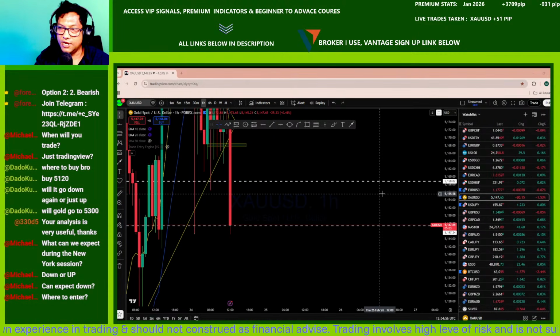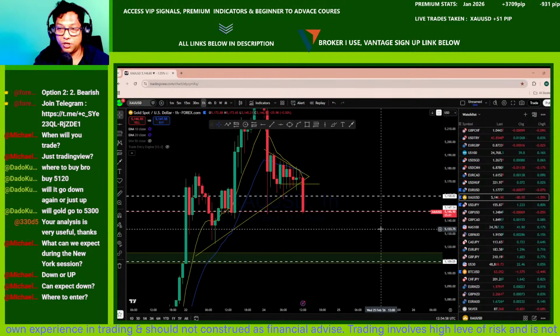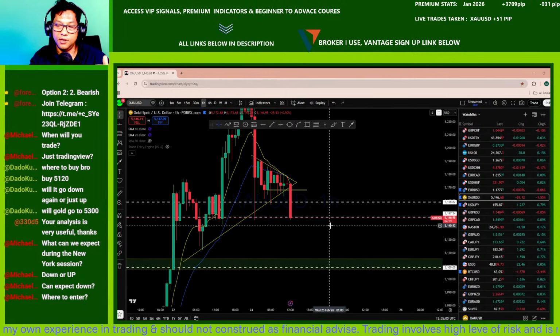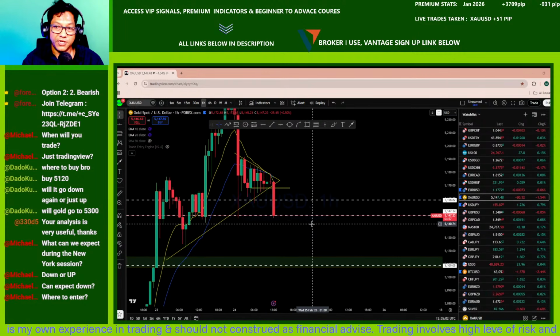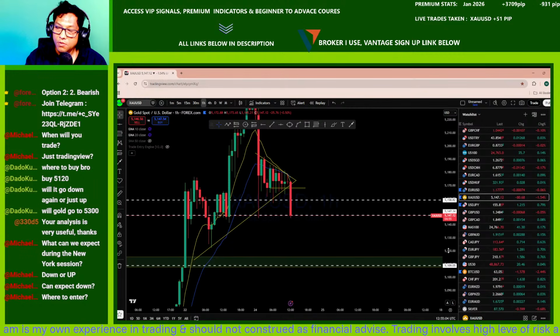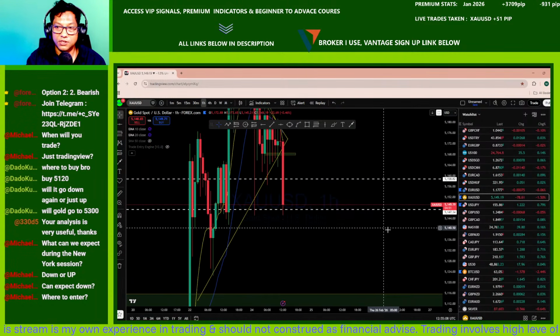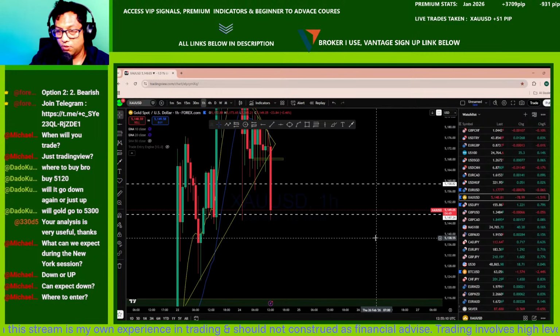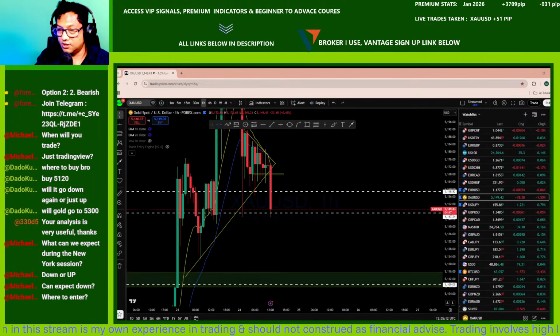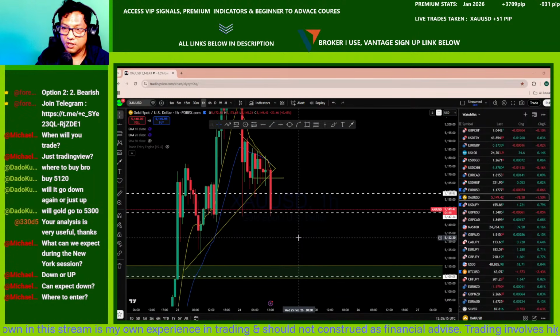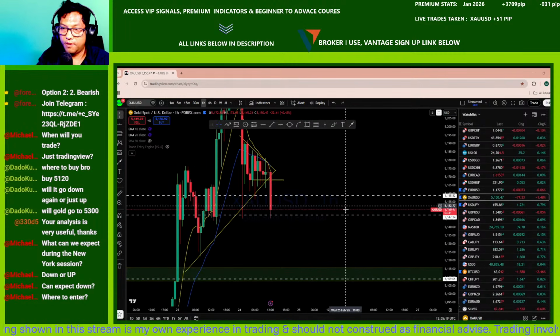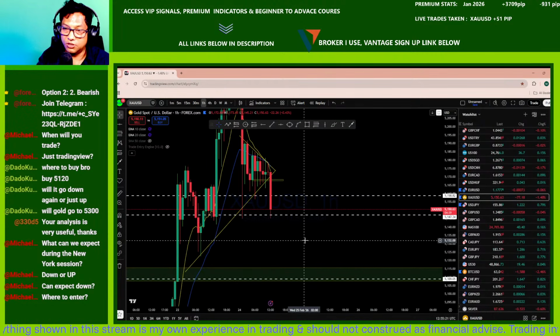Okay, so there is an entire support. Is the support now entirely penetrated back below? Because if you look at the support entirely broken below, we would see that the market eventually comes down further, and we will be able to see the market break below here.